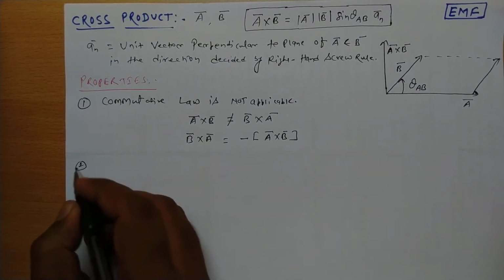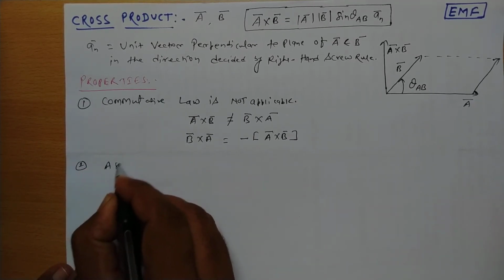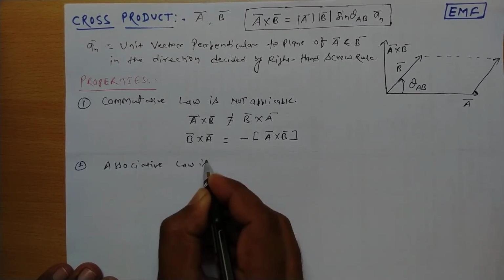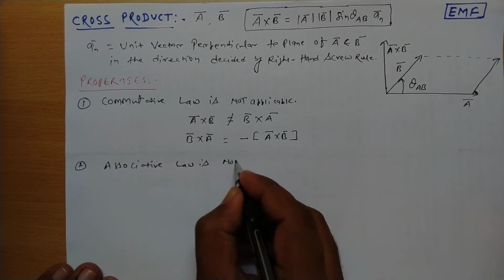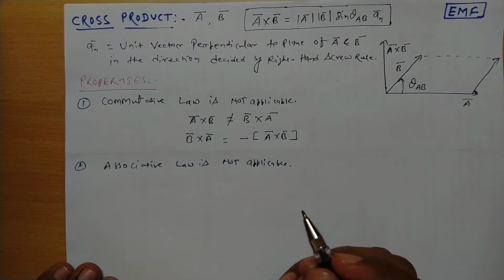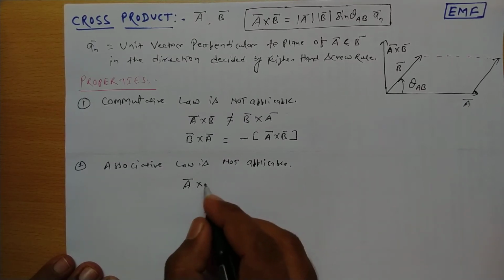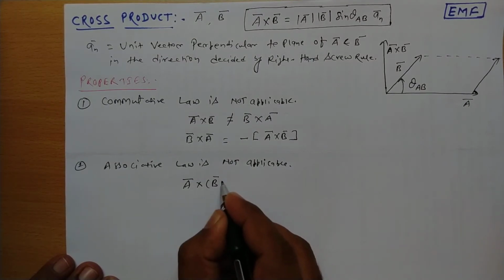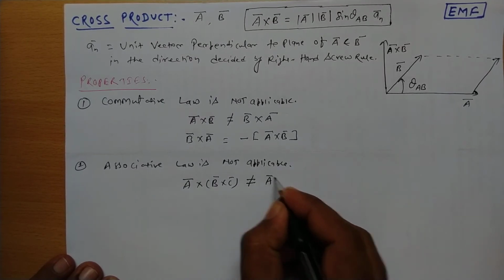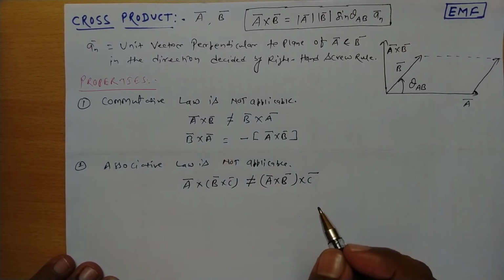The second property is that the associative law is not applicable. It means that A cross B, cross C will not be equal to A cross B cross C, right?